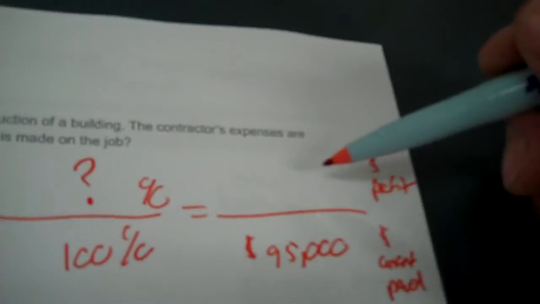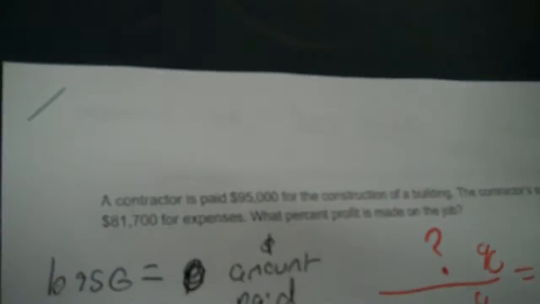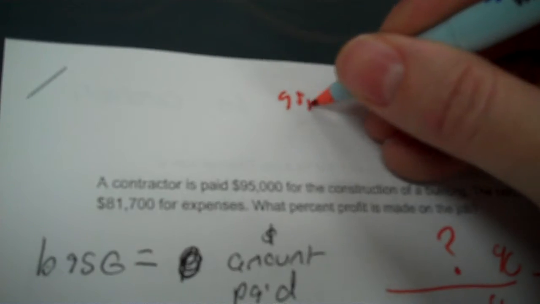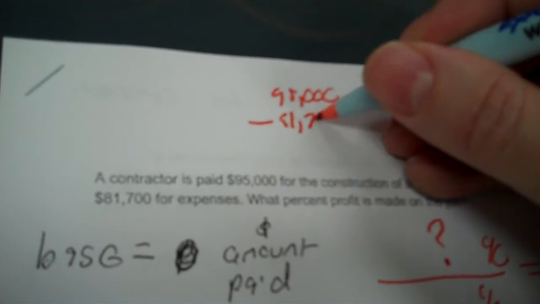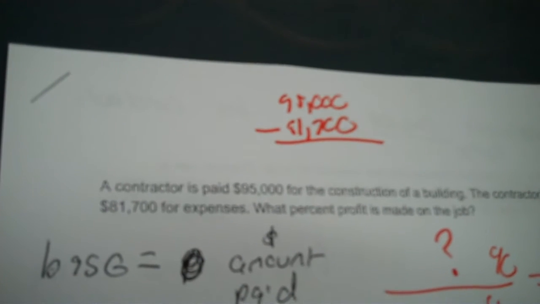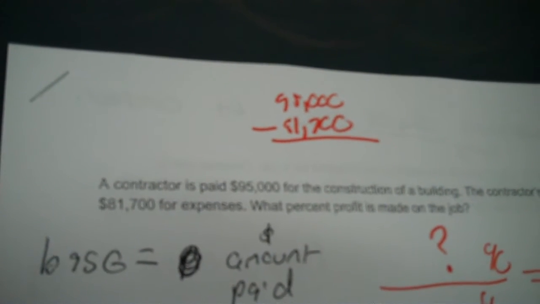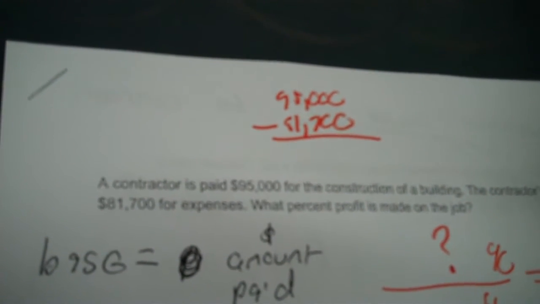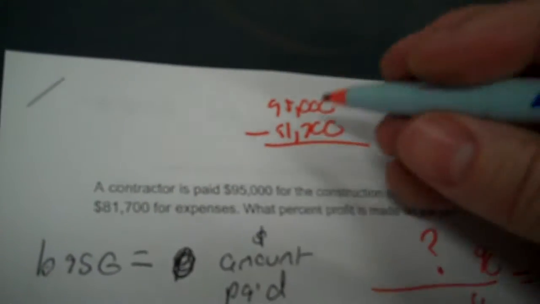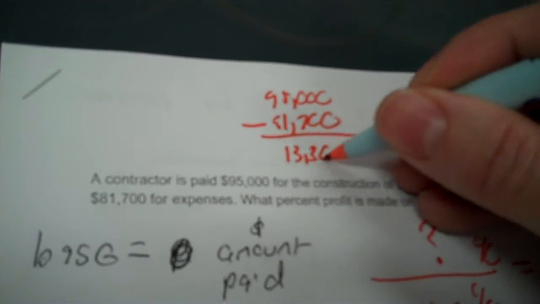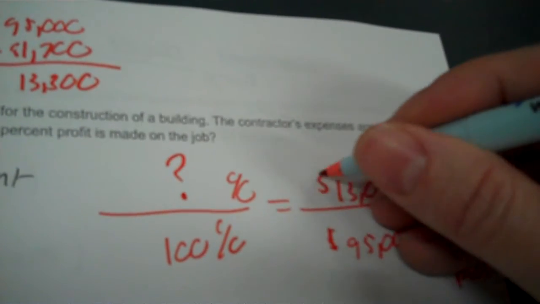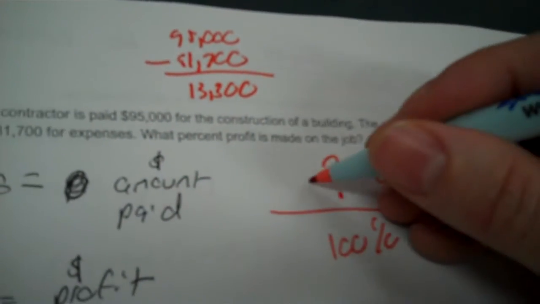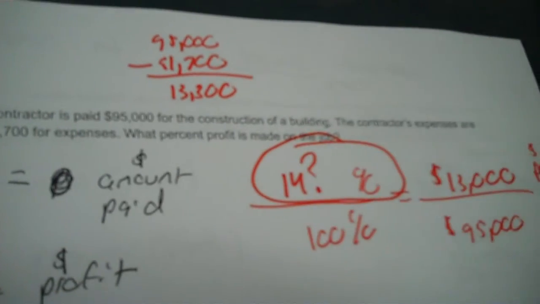What you need to do to figure out this contractor's profit is take what he was paid minus the expenses that he incurred. If you took business math, that should be obvious. You take what you're paid minus the expenses you had to pay out of your own pocket to get the job done. That's how much profit you got. $13,300. Then you cross multiply and divide, you get 14. So 14% is your answer.